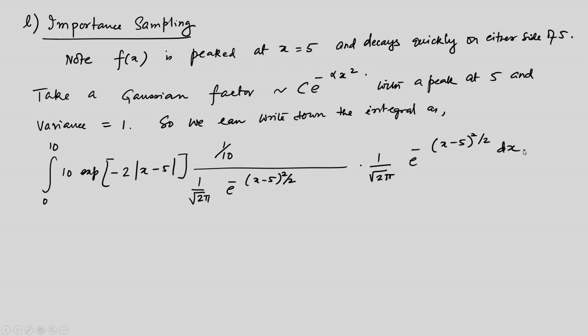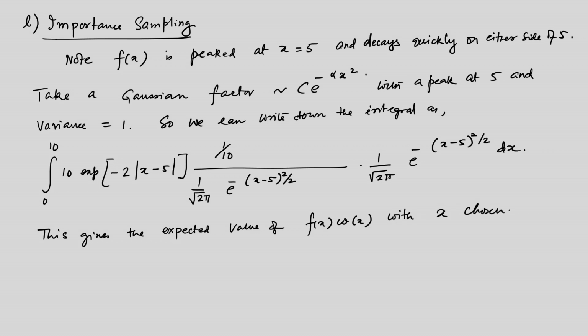See, exactly we have introduced a q below and a q above. So, this is the importance weight. So, this gives the expected value of f of x, w of x, with x chosen not from a uniform distribution, but from a normal distribution with mean at 5 and variance equal to 1.